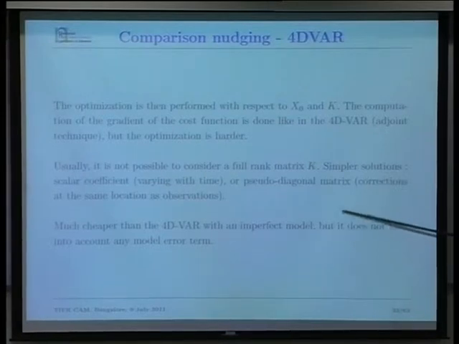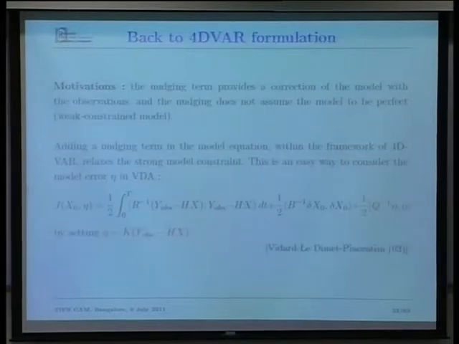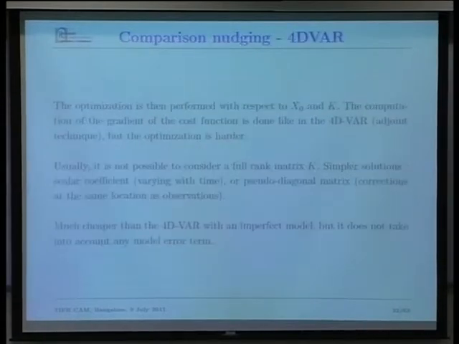So even if it's much cheaper than the weak constraint 4DVar, because in the weak constraint 4DVar you have to add this eta, which has the same dimension as x, but which is also a function of time, because your model error is a function of time. So it's even worse.